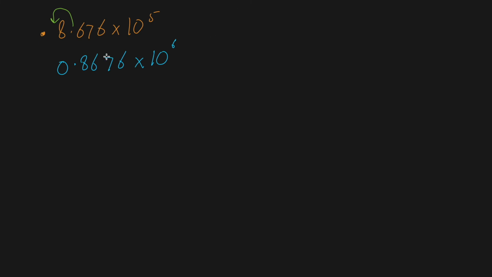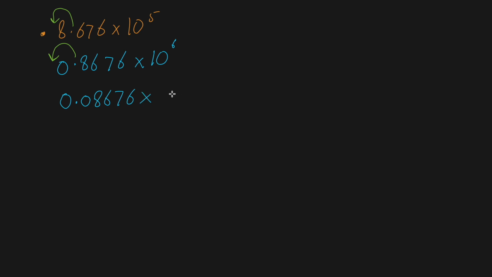Now let's say I want to go even further beyond. We already know it's going to be 0. So moving past 0, we will have the value 0.08676.